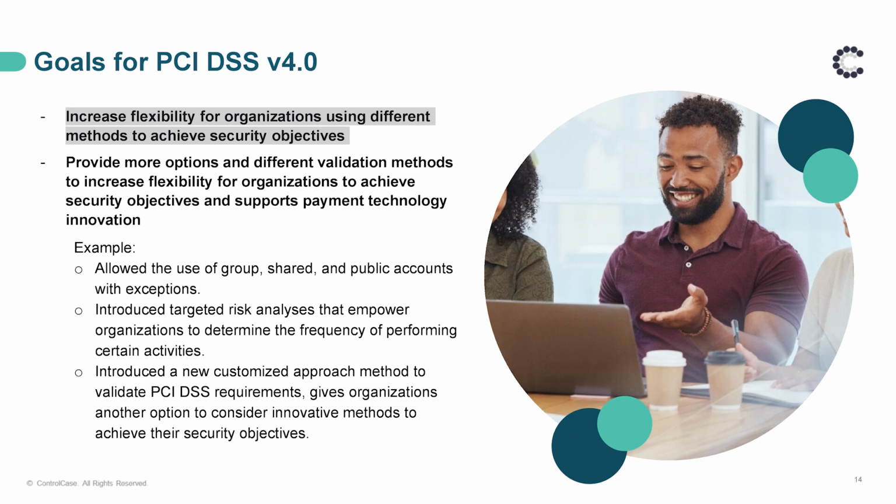They introduced targeted risk analysis that empowers organizations to determine the frequency of performing certain activities, and they introduced a new customized approach method to validate PCI DSS requirements. That gives organizations another option to consider innovative methods to achieve their security objectives.